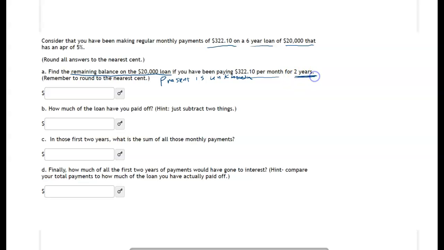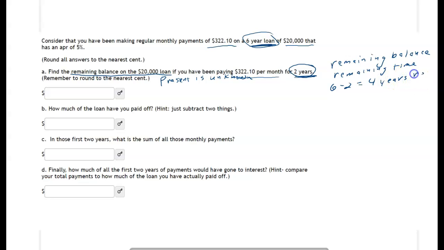What's interesting is that if you've been paying for 2 years on a 6-year loan, your remaining balance depends on the remaining time. You have 6 minus 2, so you still have 4 years remaining. You still owe money, and you'll be paying for 4 more years.